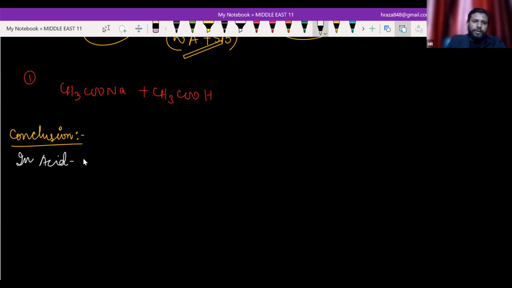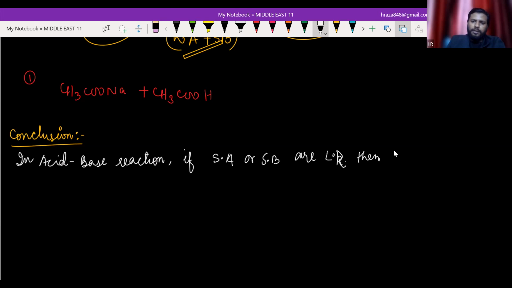In an acid-base reaction, if a strong acid (SA stands for strong acid) or a strong base is the limiting reagent, then it must be a buffer solution only if they are the limiting reagent.